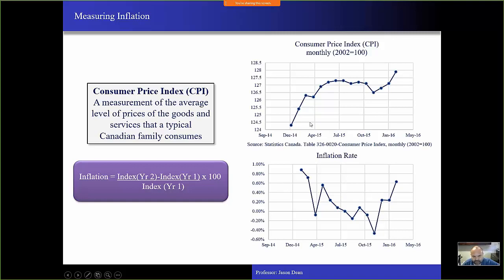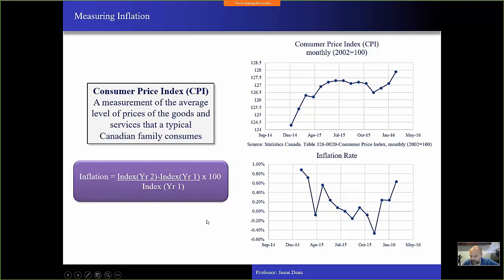So the consumer price index is not inflation, it's what we use to calculate inflation. And again, to calculate inflation, we do our percentage change formula, which is just the new or current minus the previous or old. So it's the difference divided by the original number where we were before. And then we multiply that by 100.